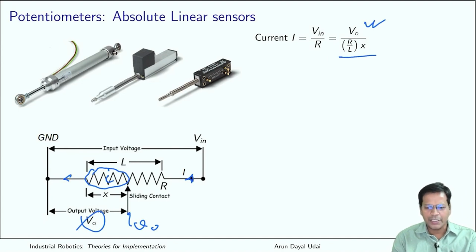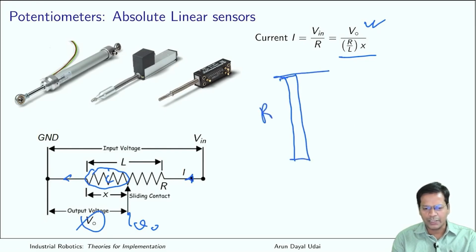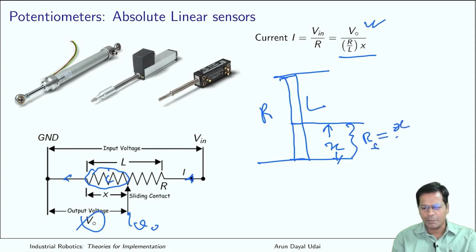How is it linearly proportional? If the total resistance strip has total resistance R and total length L, I assume the resistance varies uniformly, that is, the resistivity is constant. At any place in between, at a distance X, the resistance from here to here for the strip is X by total length L times total resistance.